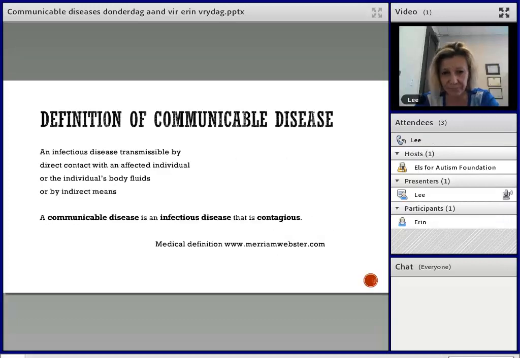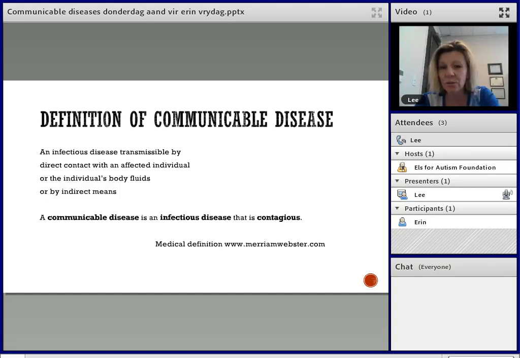So basically, communicable, you're going to see, is an infectious disease transmissible by direct contact with an affected individual or the individual's body fluids. If they have a big sneeze on top of you and it connects with any part of your face, for instance, onto your tongue or into your eyes, or by indirect means.